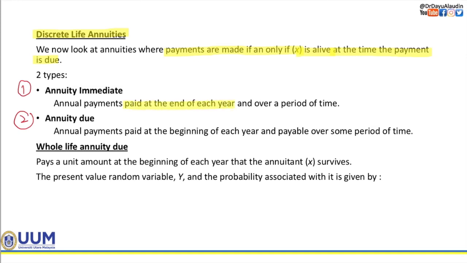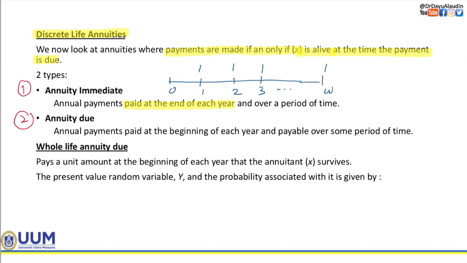So for example, we draw the timeline. Annuity immediate is paid starting from first year, second year, third year, at the end of the year.